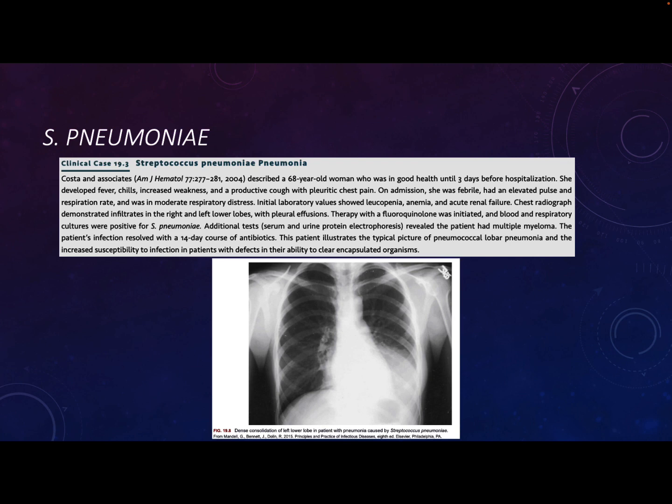So she was having trouble breathing, and so she was breathing faster, trying to get more air. She had low white blood cell count, anemia, so low red blood cell count, and she was in acute renal failure. Chest x-ray demonstrated infiltrates in the right and left lower lobes, so in the lobes, instead of diffuse through the whole lungs, and what are called pleural effusions.